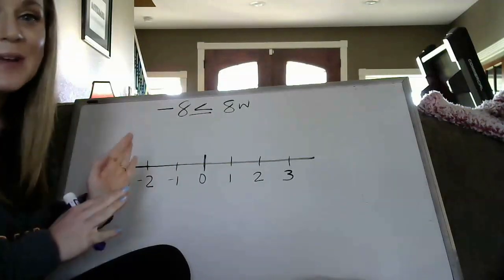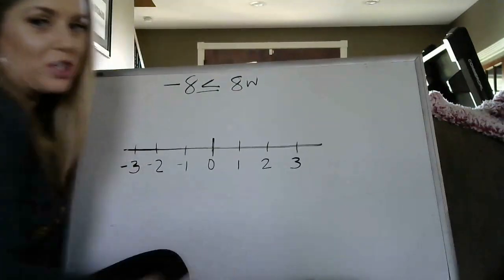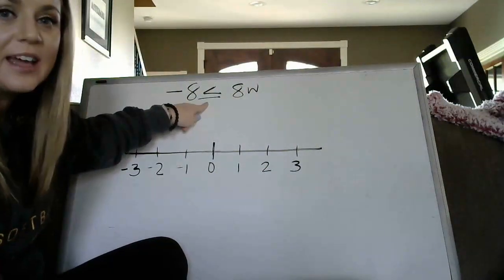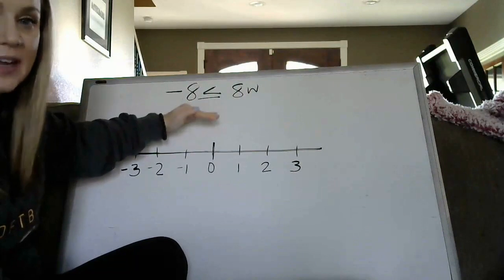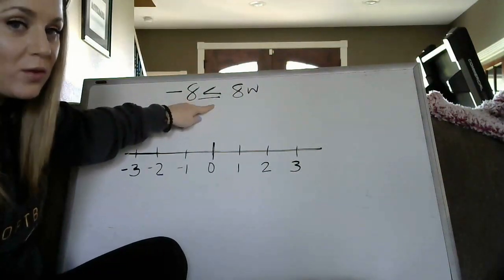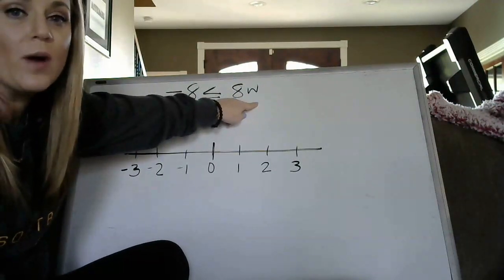Okay, so here we go. We've got another one. The difference in this one and the last one we just did is, one, I have the equal sign underneath it. So this reads, as we see it, -8 is less than or equal to 8 times w. So we want to figure out what is w.